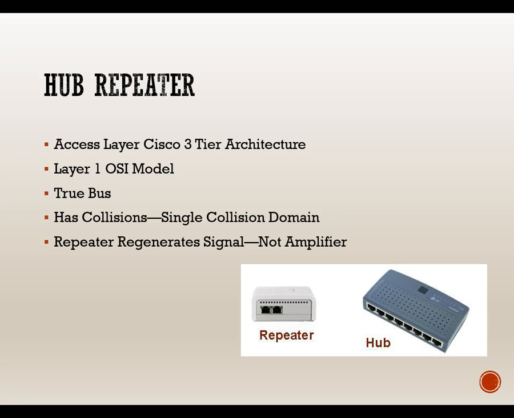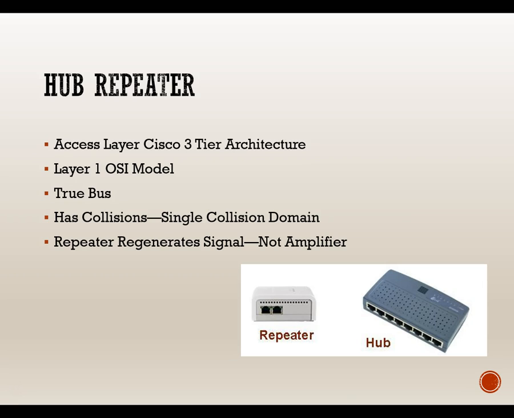A hub and a repeater are devices that you may hear about. Hopefully you're not going to be in a network where you have hubs except for very special circumstances, because remember, a hub, a layer 1 device in the OSI model, was a true bus.